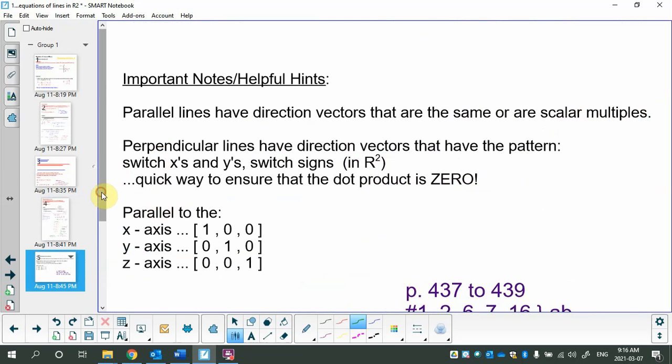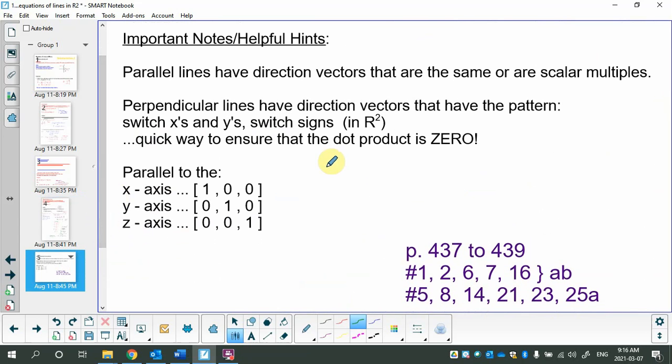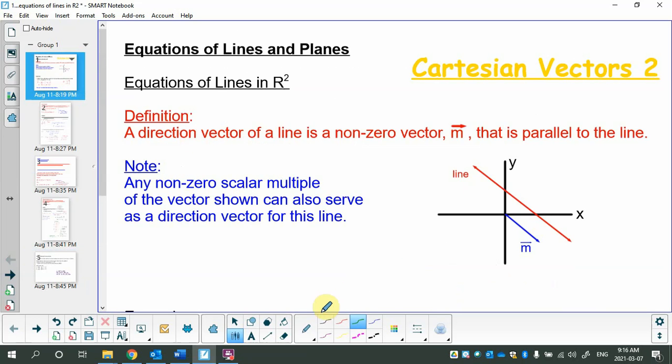Important notes and helpful hints. So parallel lines have direction vectors that are the same or are scalar multiples. So it's just a case back here that if you've got a line and it's sitting here, you find yourself a direction vector and then you find yourself a point on the line, and that makes it semi-unique.